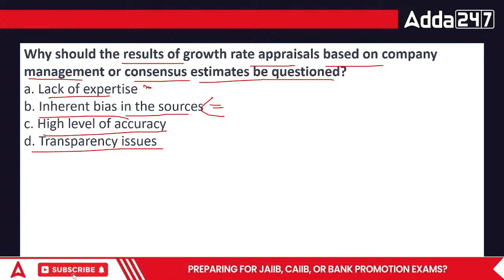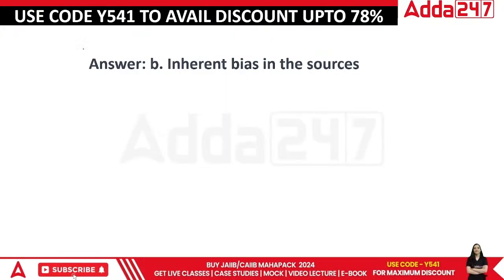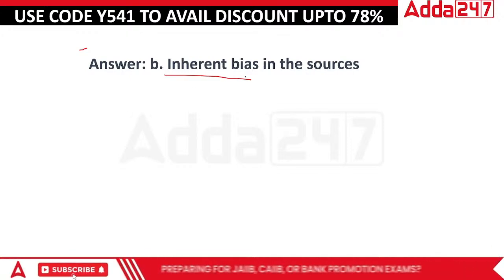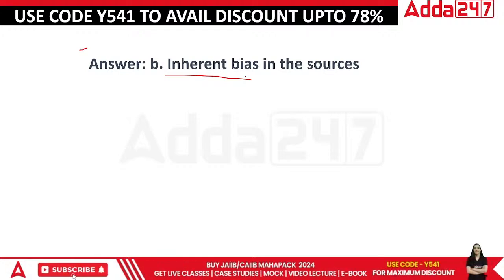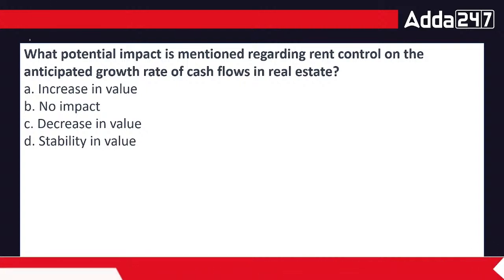This is called inherent bias in the sources. So while making decisions, it might turn out to be unfavorable for the organization because it's going to give you wrong results.